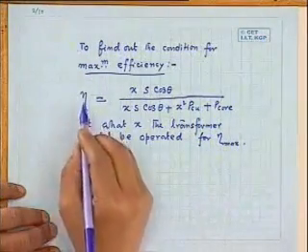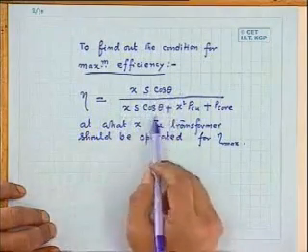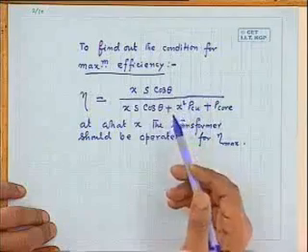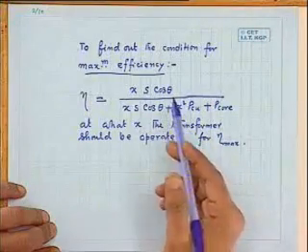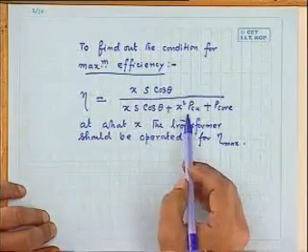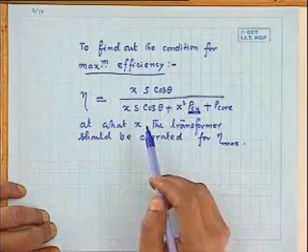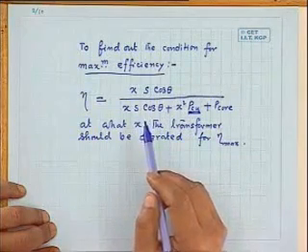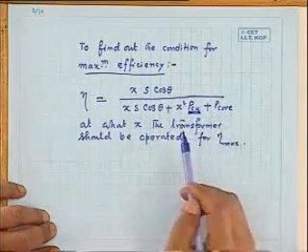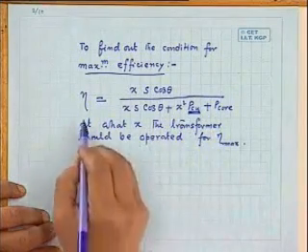Obviously, you have to differentiate this expression then with respect to x, because other things are constant. S is the kVA rating of the transformer. Cosine theta, I have kept it constant by varying Z2. P copper, this factor, is the copper loss under full load condition. So that is also constant. And P core is the core loss that remains practically constant from no load to full load.